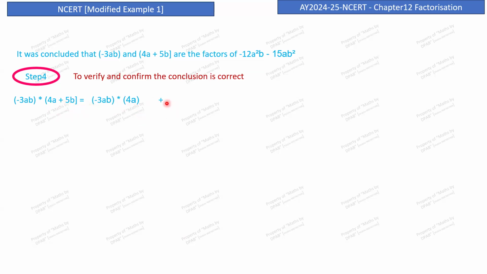You put it here. Then again, the monomial into the second term of the binomial, that is minus 3ab into 5b. So the first term we get like this, plus the second term like this. So now you remember why we put this minus 3ab within a bracket.